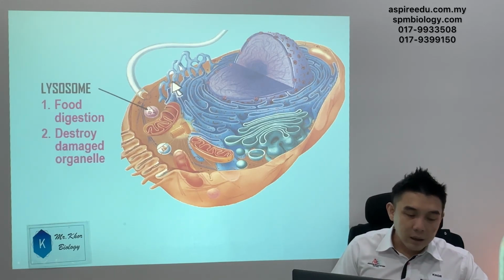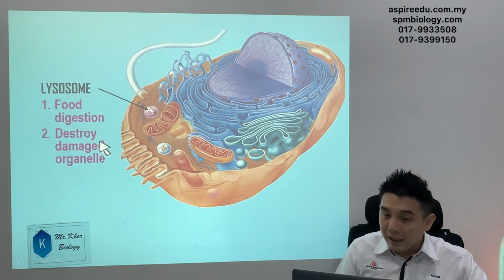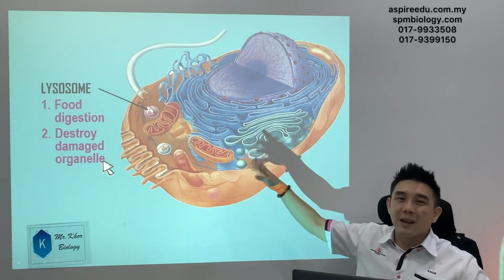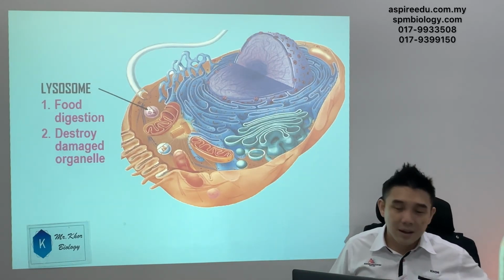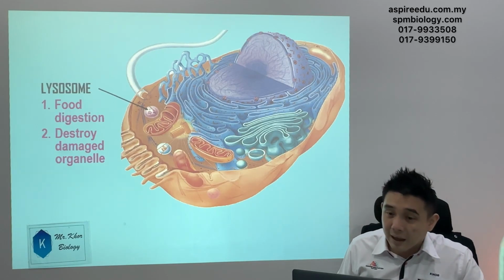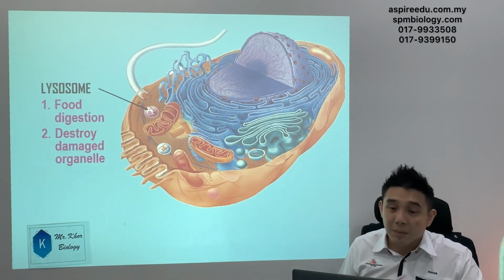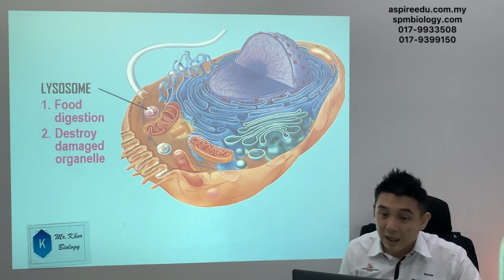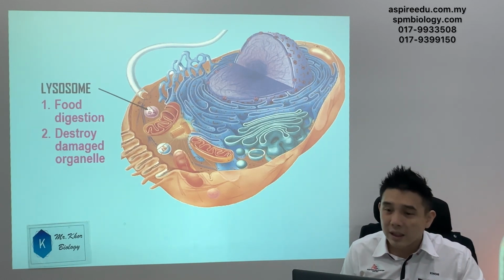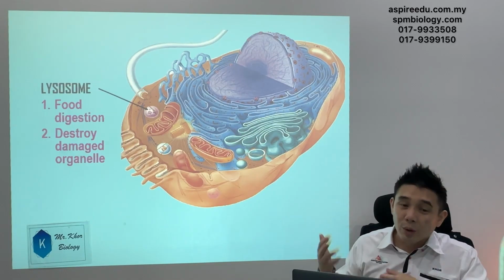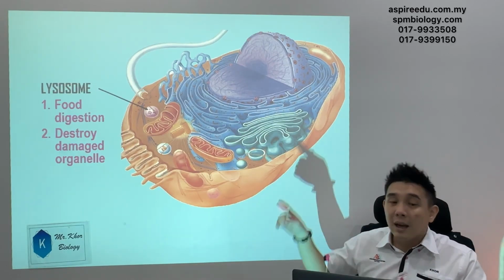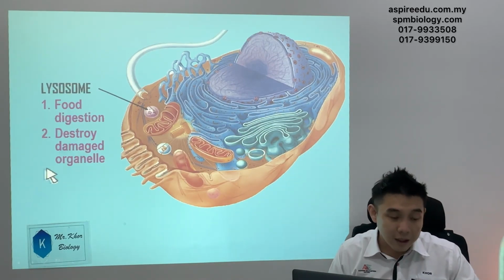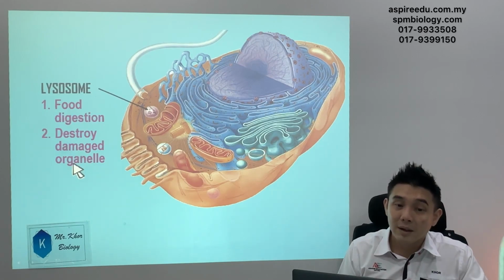And it also will destroy any damaged organelle. Anything that is rosak is like your majlis perbandaran, majlis bandaraya, like Ipoh is MBI, Majlis Bandaraya Ipoh, like Shah Alam is MBSA, Majlis Bandaraya Shah Alam, MPSJ. So it will help to clear all your rubbish. Here lysosome will help to destroy damaged organelles.